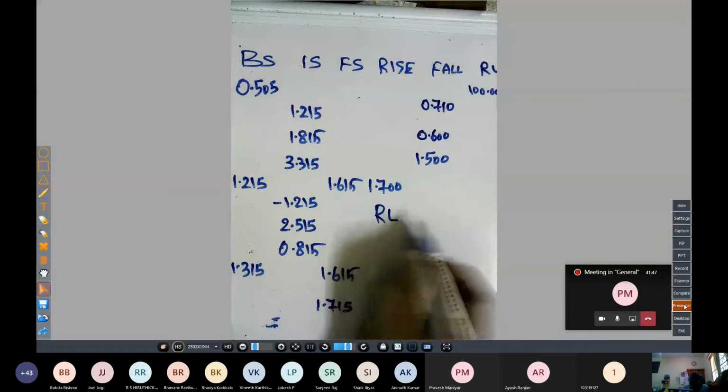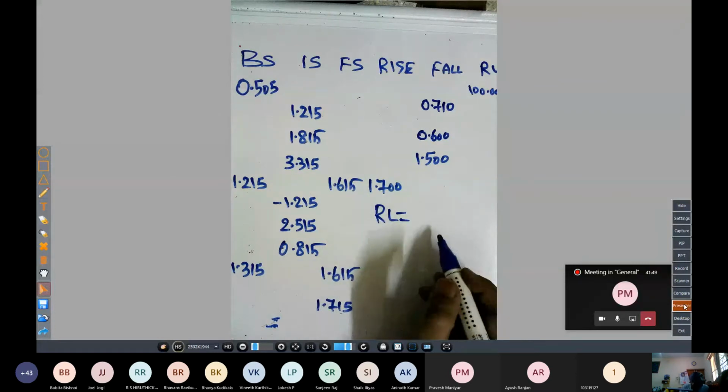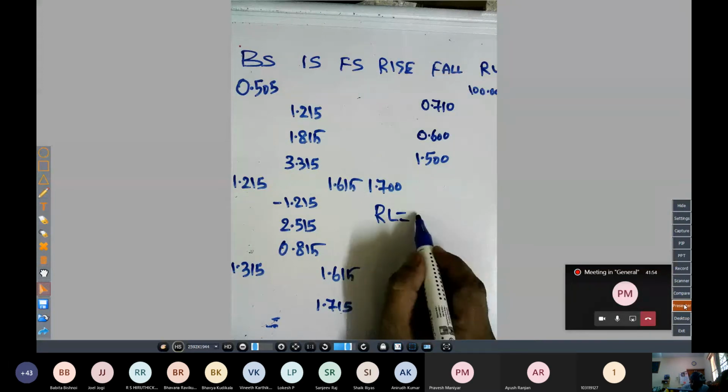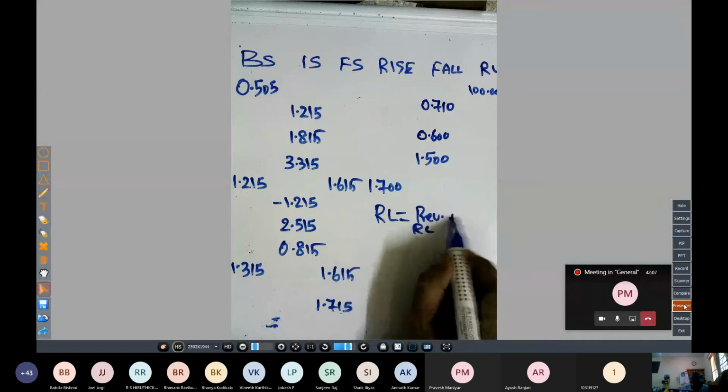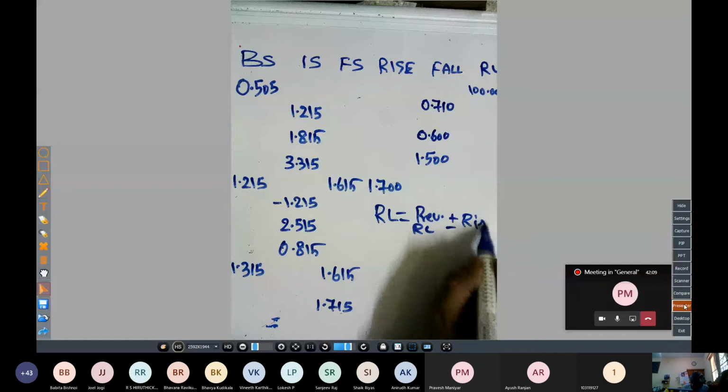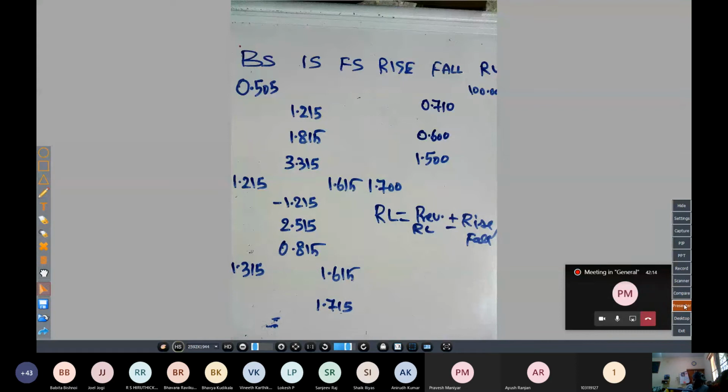Second RL equals previous RL plus or minus rise or fall.